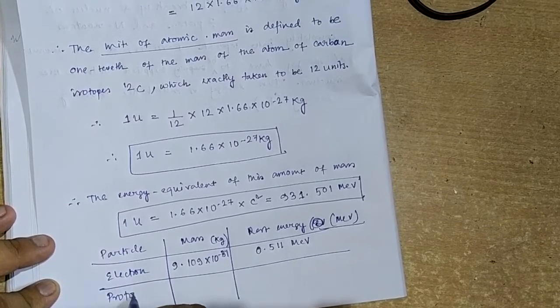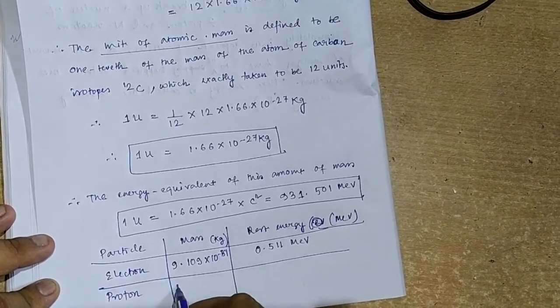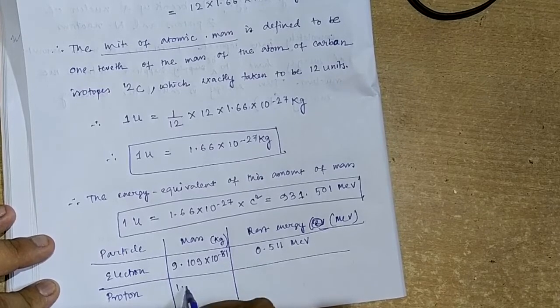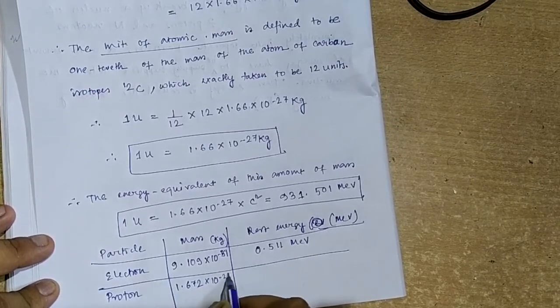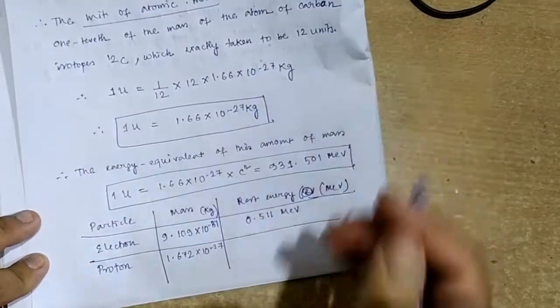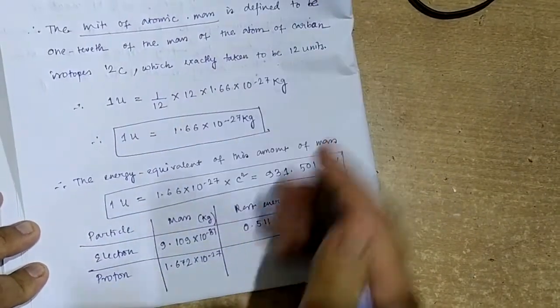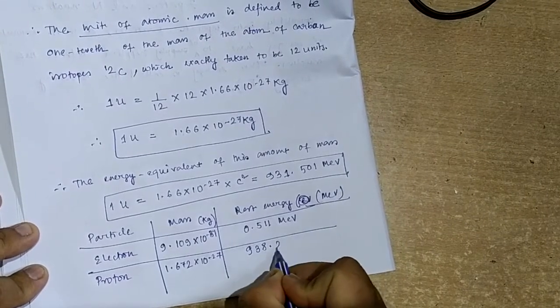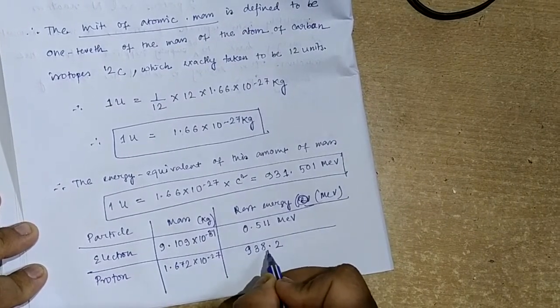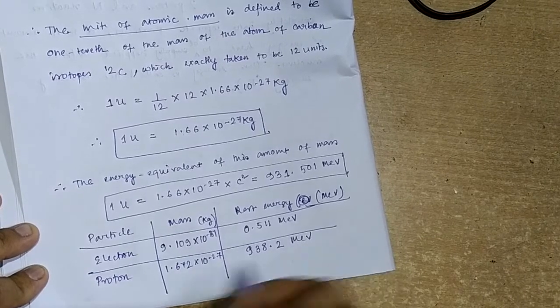Similarly, for proton, the mass is 1.672 into 10 to the power minus 27 kg, and it becomes 938.2 MeV.